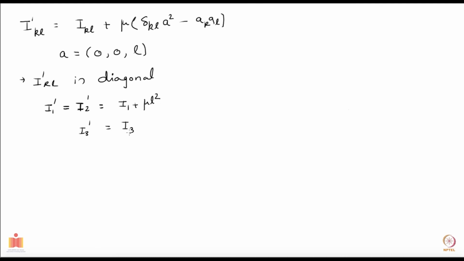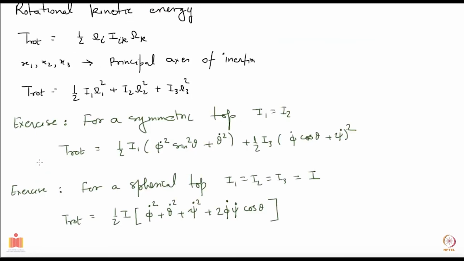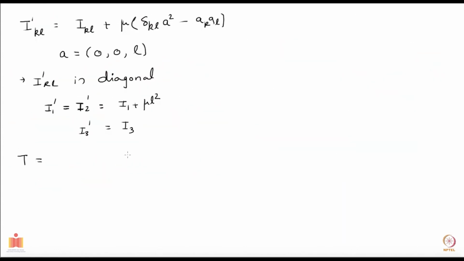Now we would like to construct the Lagrangian for this system, and I need to know the kinetic energy T for this, and we have already seen what the expressions are. Let's go back. If you look at the kinetic energy due to rotation, it's half I1 phi dot square sine square theta plus theta dot square, and the second term. So let me write that down.